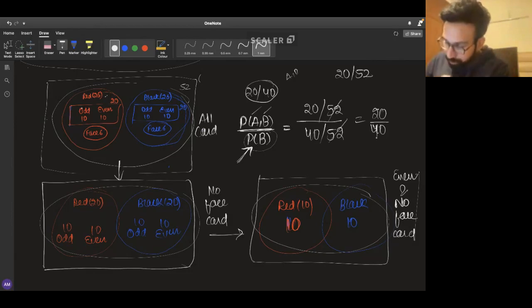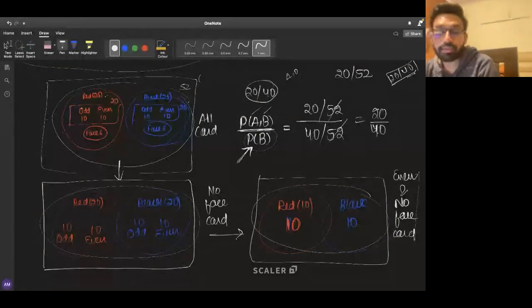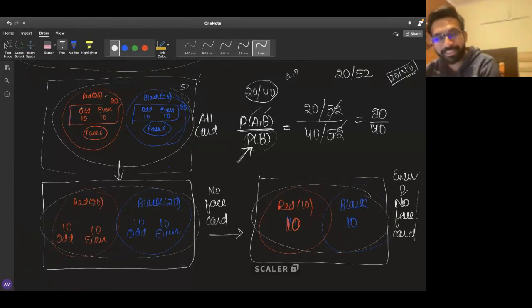What you were saying was that the numerator is also the probability of just getting an even number. That's where I got confused, because there was no intersection between the two. Yeah, that's why I was thinking I should have taken a better example.